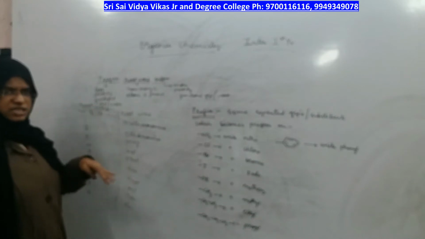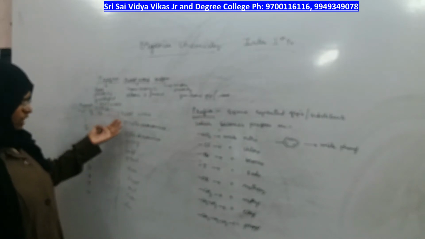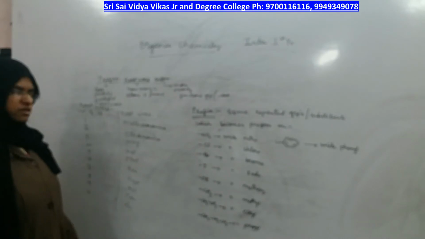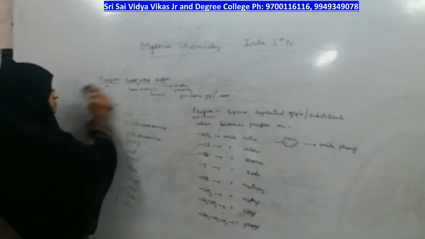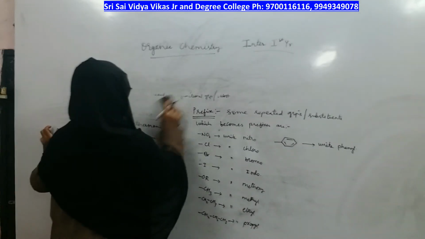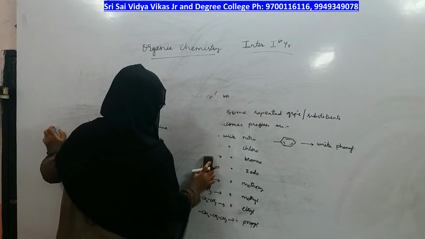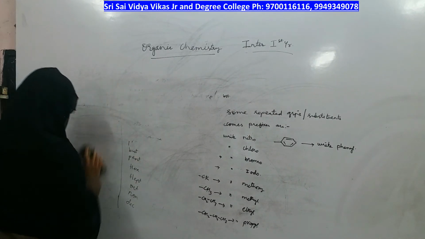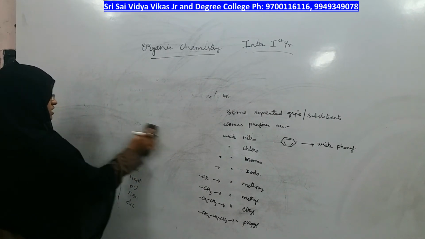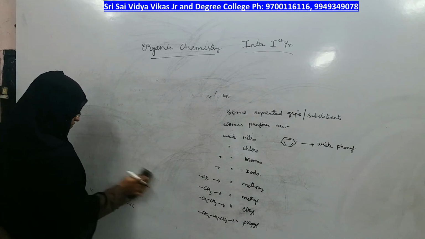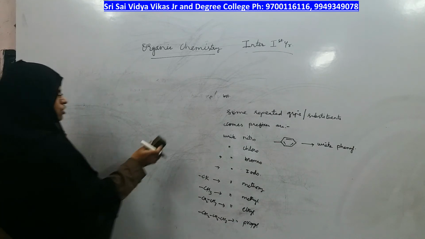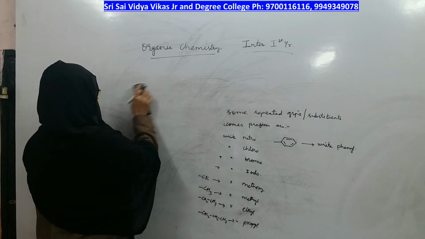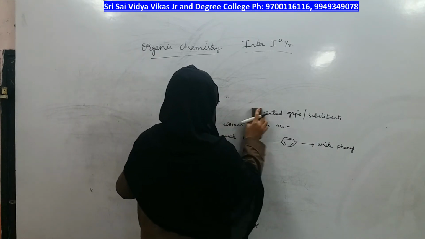Whenever I ask a question, you should be able to search from the data we have and immediately get the name. Okay, let us go for IUPAC nomenclature. The first rule of IUPAC nomenclature is whenever a compound is given to you, you should always try to select the longest carbon chain from the given compound.